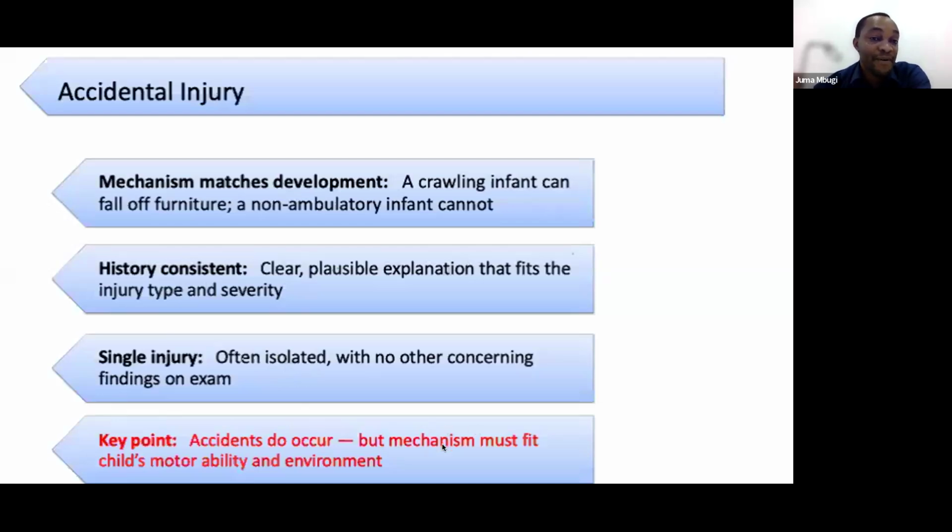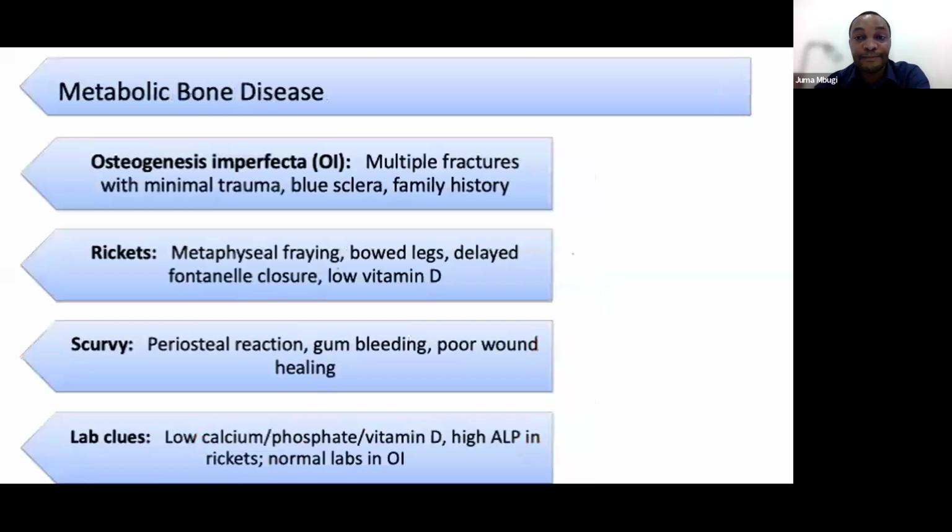But what are the key points? Accidents do occur, but the mechanism must fit the child's motor ability and the environment. For you to say this is accidental, there should be a matching of history and of your physical examination, and the child's developmental milestone should match the type and severity of the injury.